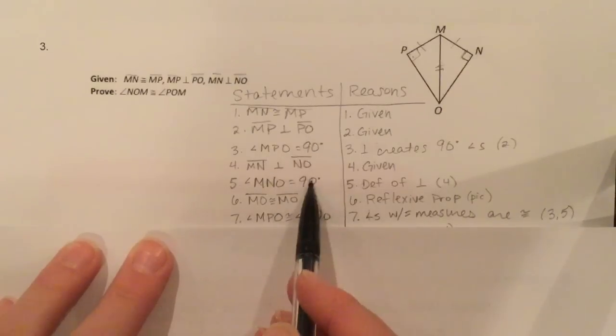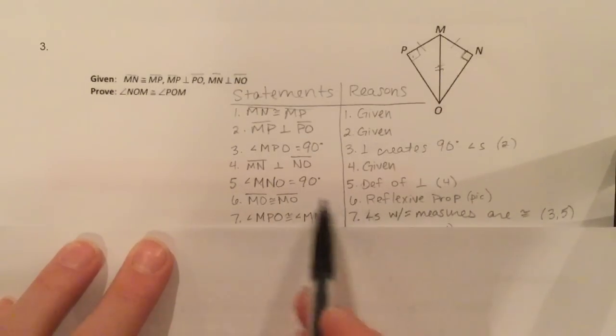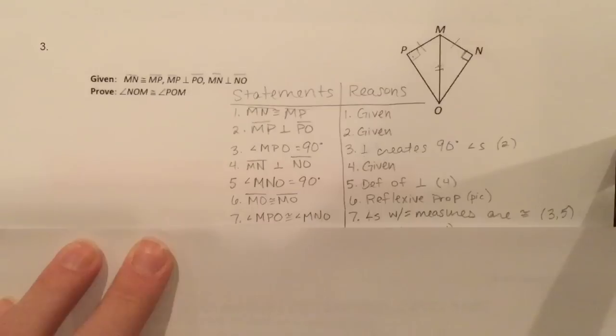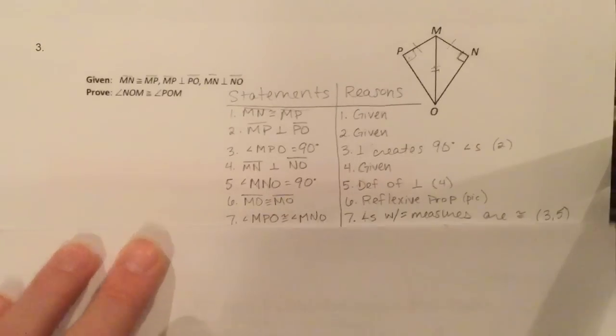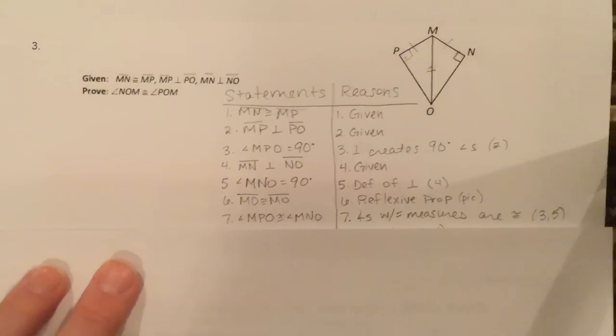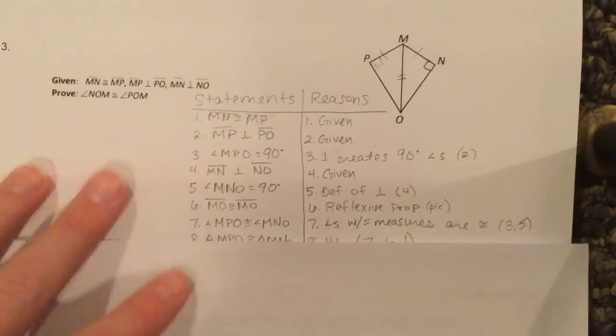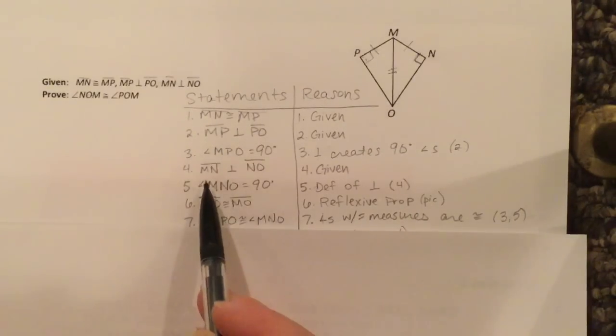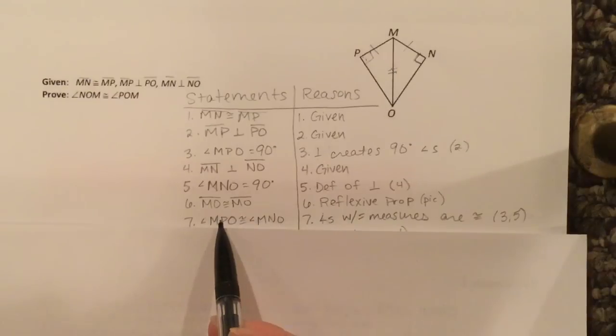If they have the same measure, then of course they're congruent. It seems very intuitive, just like a lot of this does, but we have to write out every single step. Steps 3 and 5 are where I got that information. I put those together to get 7.